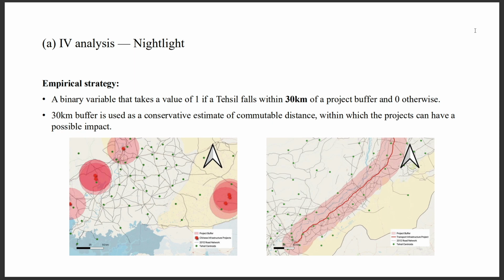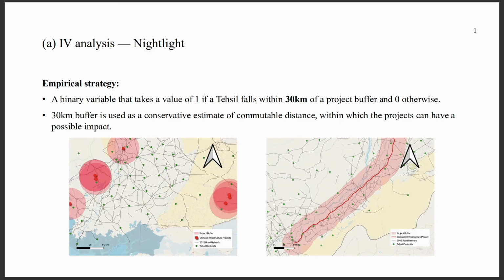Basically, I geolocated all of these projects. For instance, if you have one project, I created a 30 kilometer buffer around it. Again, this comes from the literature, a more reasonable guess of to what extent there might be an impact. But I do change the buffer size for the robustness checks.